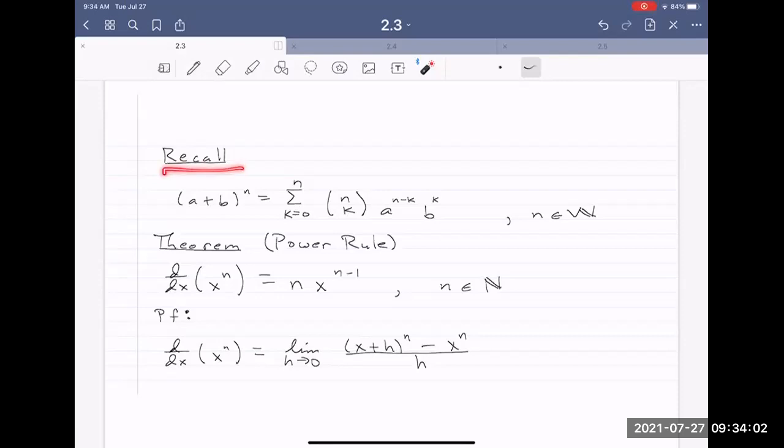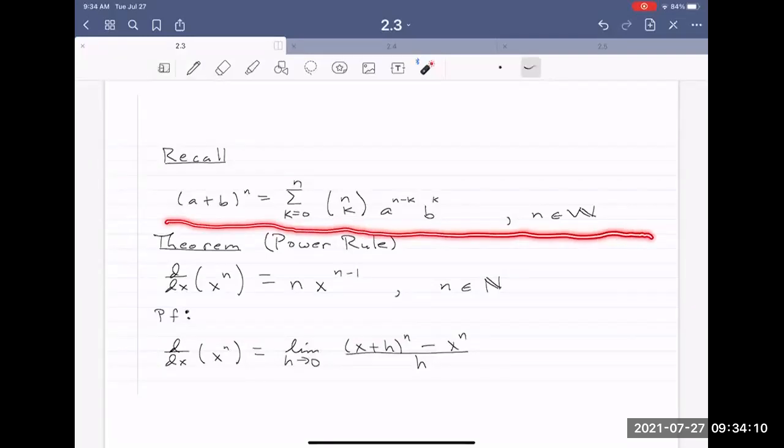So let's recall from junior high that a plus b to the n is equal to the sum, k equaling 0 to n, of n choose k, a to the n minus k times b to the k, where n here is a whole number.